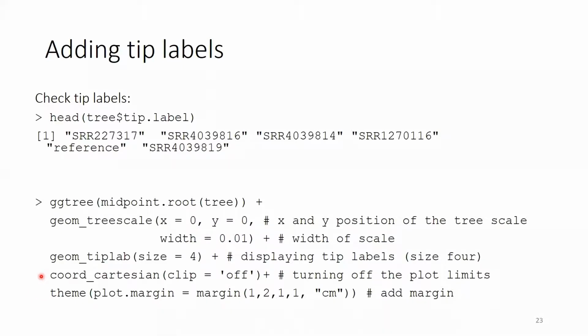So I added this coord_cartesian, and this is a coordinate system. Normally there are limits that are set on the plot. And so by turning this clip off, it allows us to draw outside the plot, and it's not going to cut off our tip labels because they're pretty long. Also, I set a plot margin around the tree, and it just gives you extra space around the tree as well. So that's a lot of the defaults that I'll be adding on most of the trees moving forward.